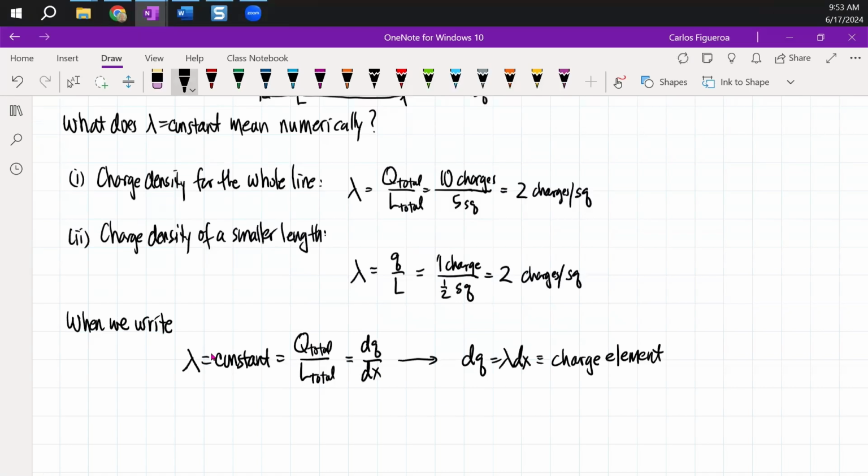And that tells us that that amount of charge dq is contained within a linear volume of dx.